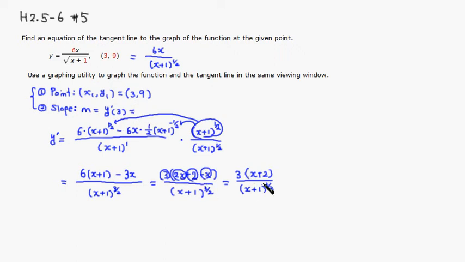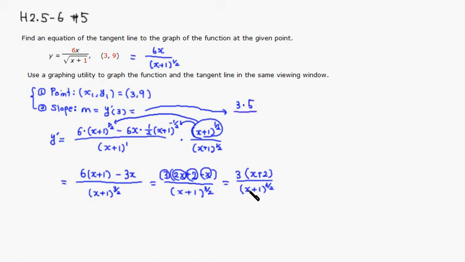Just plug in 3 for x. There's not much room, so I'm going to go over here to write it. It's going to be 3 times, now x is 3, so 3 plus 2, so I'm going to put 5 here.